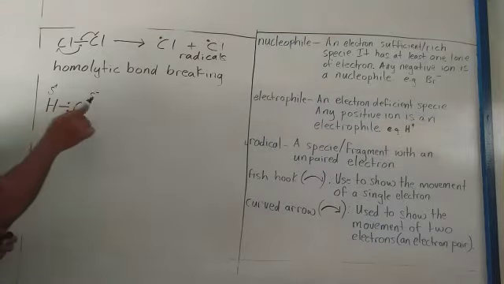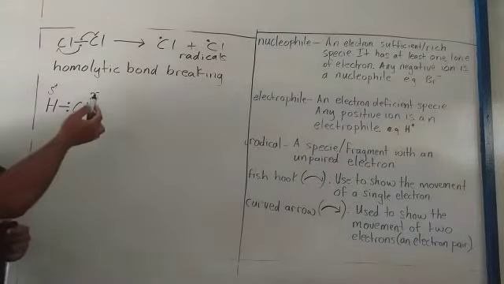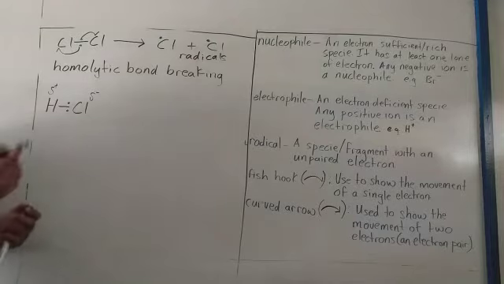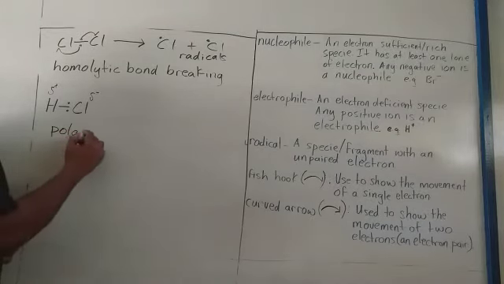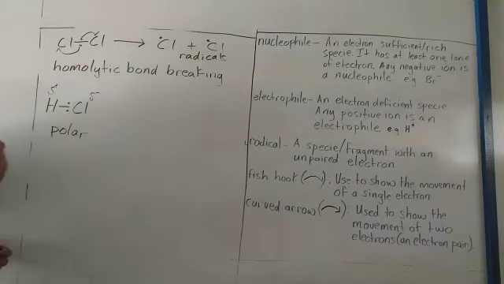Once you have a charge, we basically call it a pole. So we have a negative pole here and a positive pole here. So this molecule has a dipole, and the molecule is said to be polar.